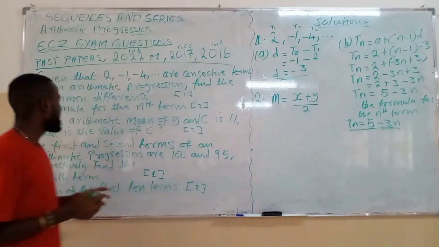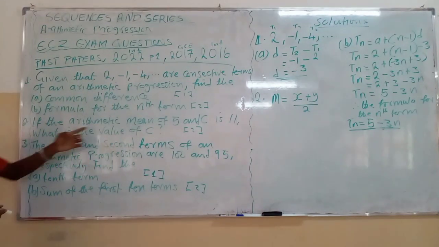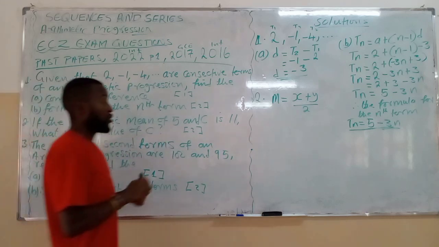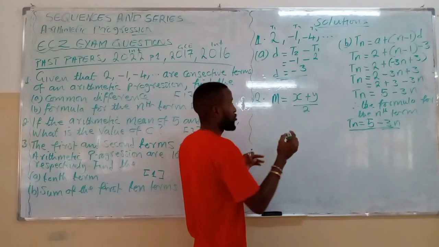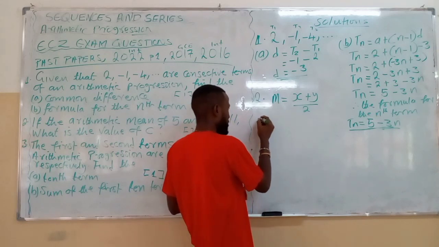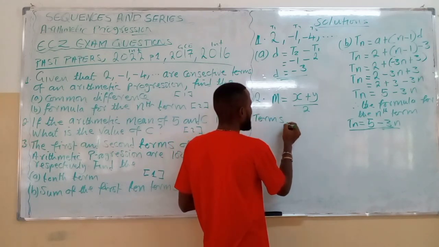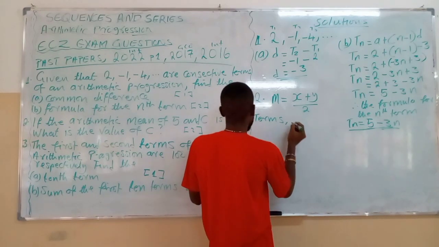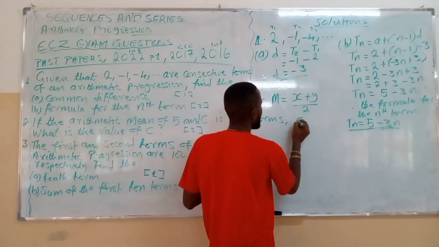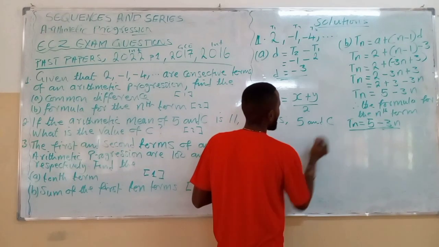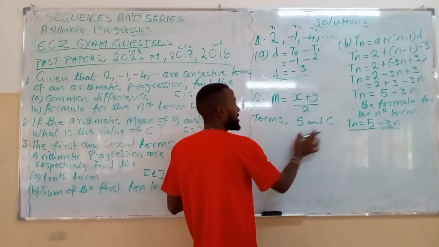So here, what are the terms that they have given me? If the arithmetic mean of 5 and c is 11. The terms they have given me are 5 and C. These are the two terms.